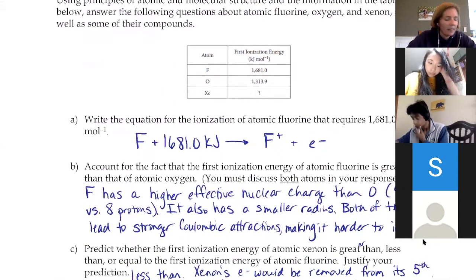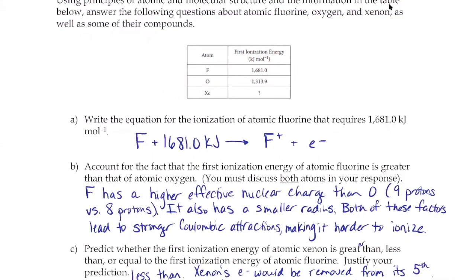So the first thing there, we're writing a balanced chemical equation. It's kind of weird. I even had to stop and do a double take when I was doing this question myself, when I was making up my answer key. Because usually when fluorine turns into an ion, it turns into fluoride, an anion, right?